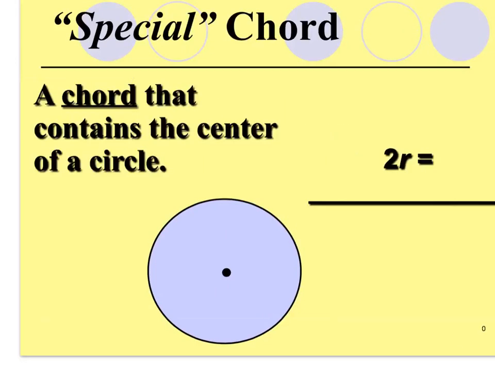We also have a chord that's special, that contains the center of the circle. If we have a chord that contains the center of the circle, we call that the diameter, which is double the radius. And diameters of the same circle are all equal or have equal length.